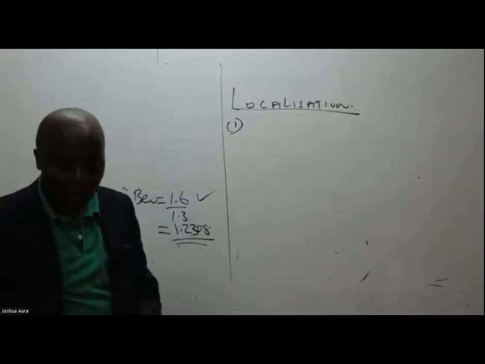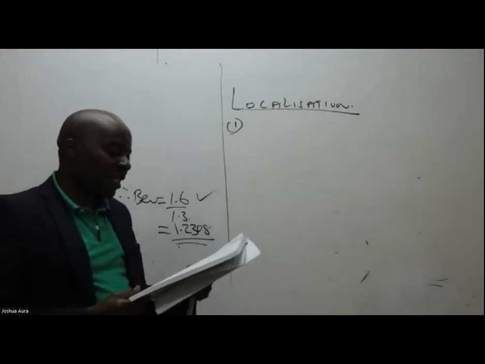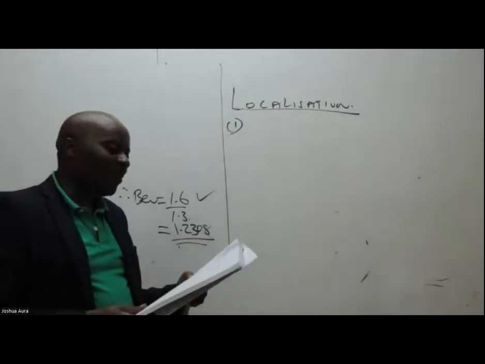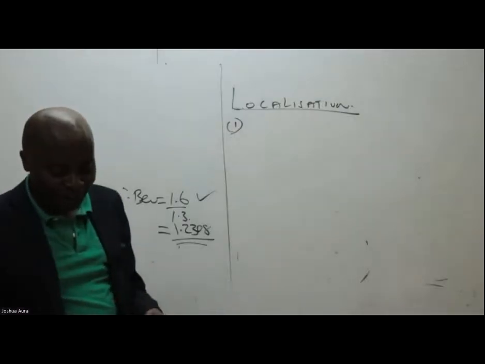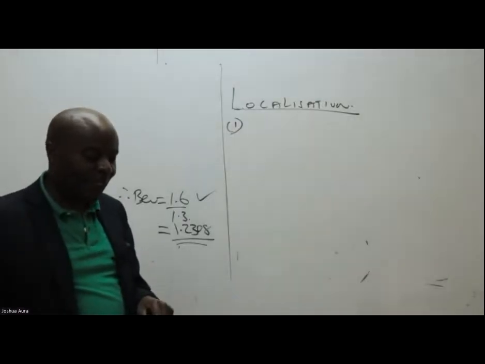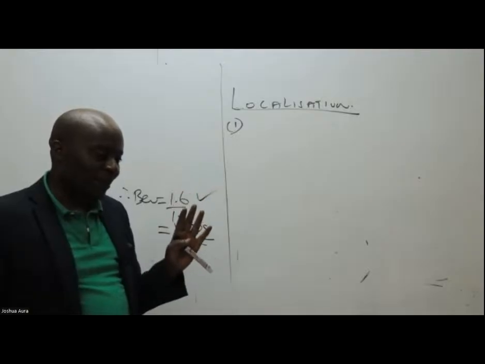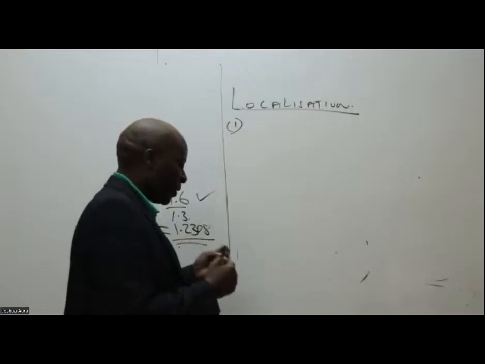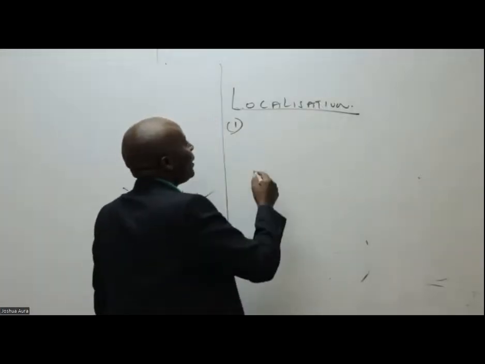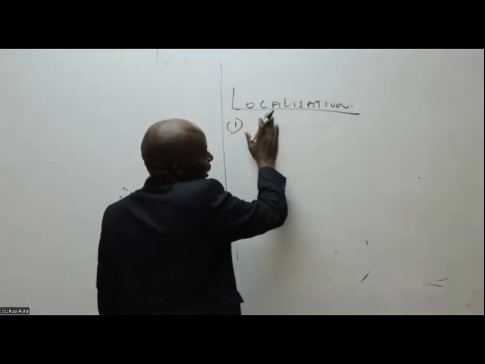So I've got 3 scenarios there, 30% debt and 70% equity. I would have wanted to avoid this step, but let's just be procedural. Localization is normally done using Hamada's model.